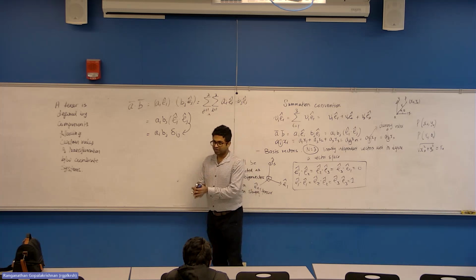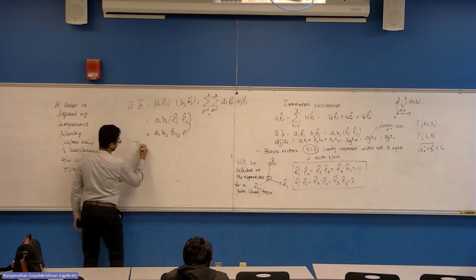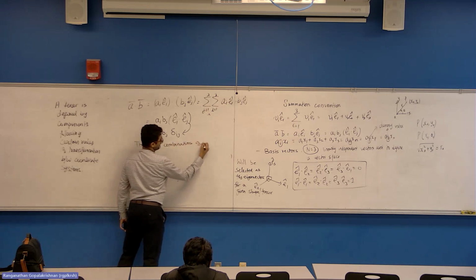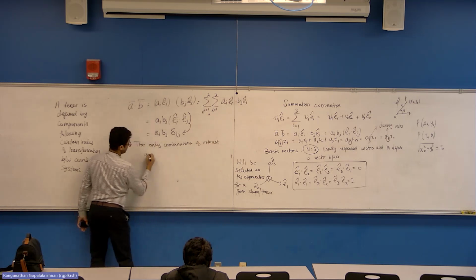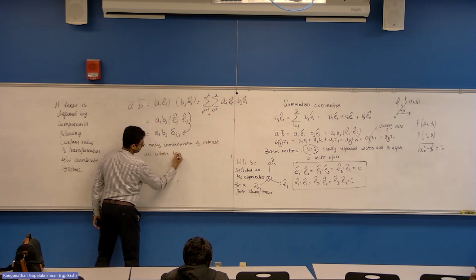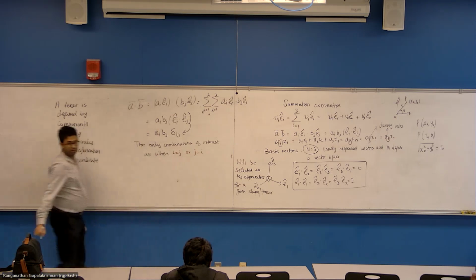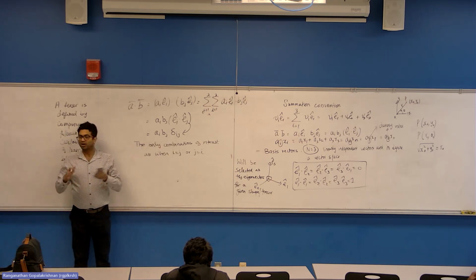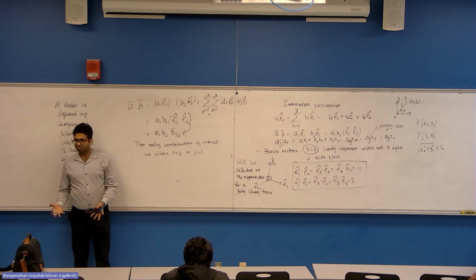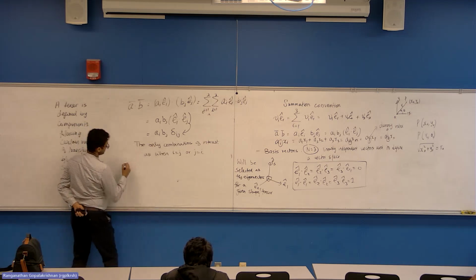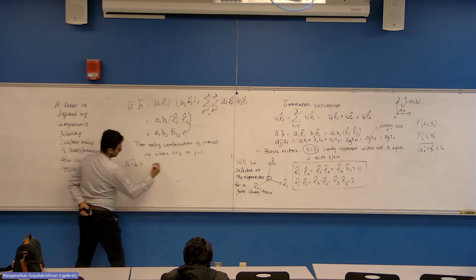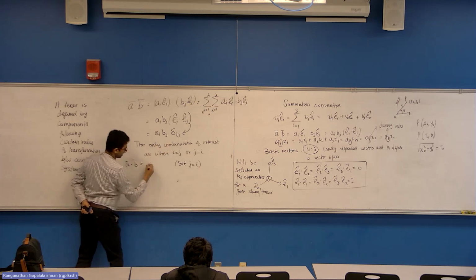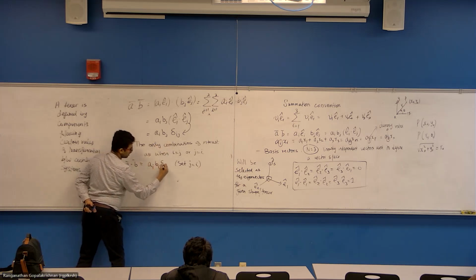So the only combinations of interest are when i equals j. When you write delta ij, only delta 11, delta 22, delta 33 are useful; the others are all zeros. So A dot B is equal to, setting j equal to i, so whenever j appears, replace it with i: Ai Bi delta ii.